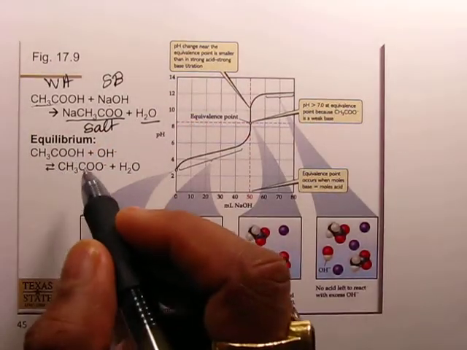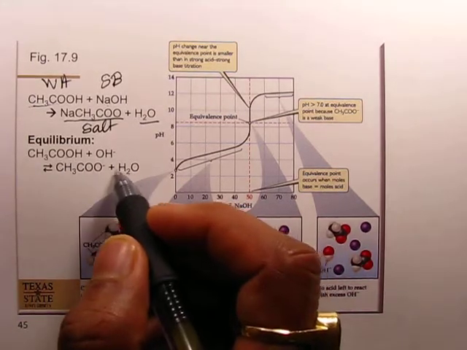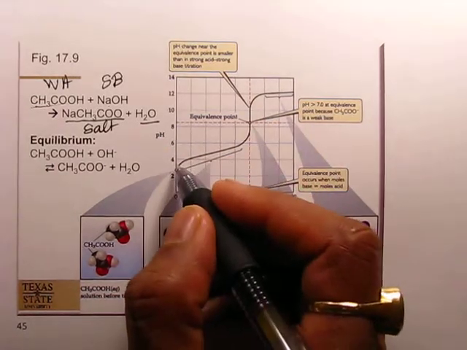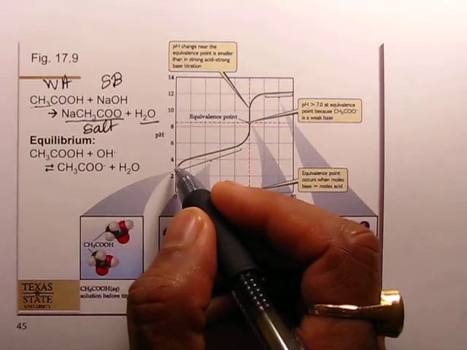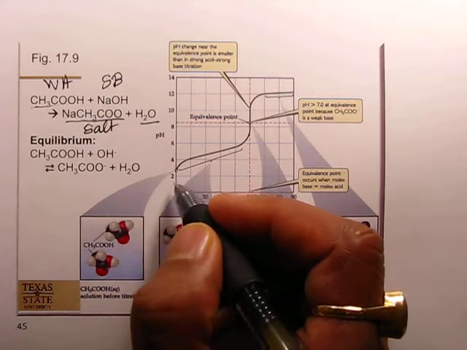So equilibrium lies between acetic acid and acetate with water. This titration starts from here, where the pH is around 2.5 or very close to 3.